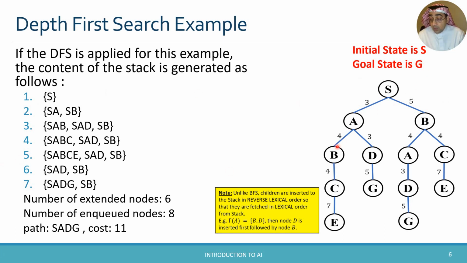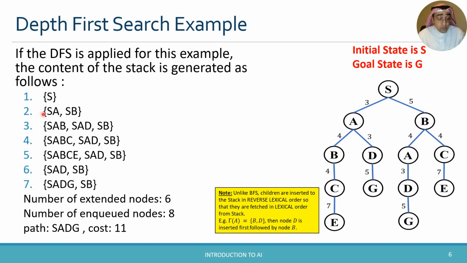The children are SA and SB, and again, the depth first search does not take care of the weight. It ignores the weight, so we put A and B, and we insert these into the stack in lexical order. And in lexical order in the stack, it'll be an SA and the SB. So the head of the stack will be SA, and the bottom of the stack will be an SB, okay? So that's how we're going to insert it to the stack.